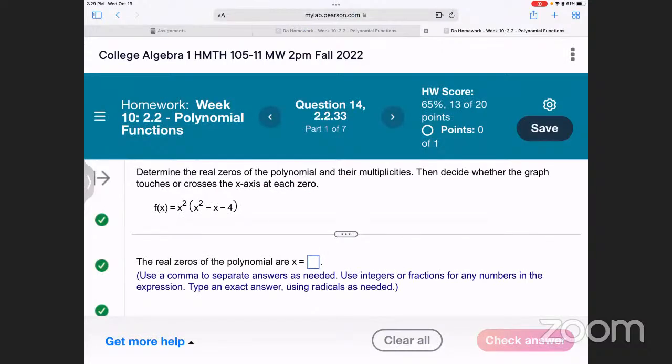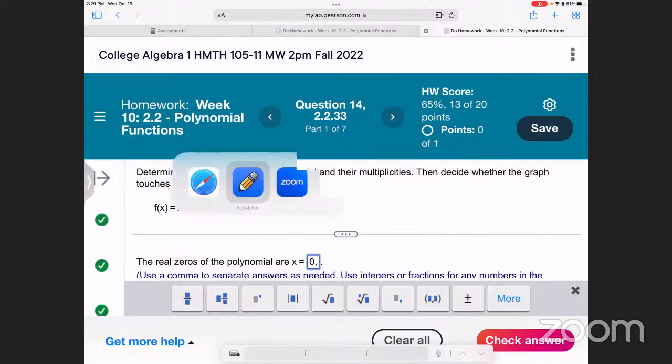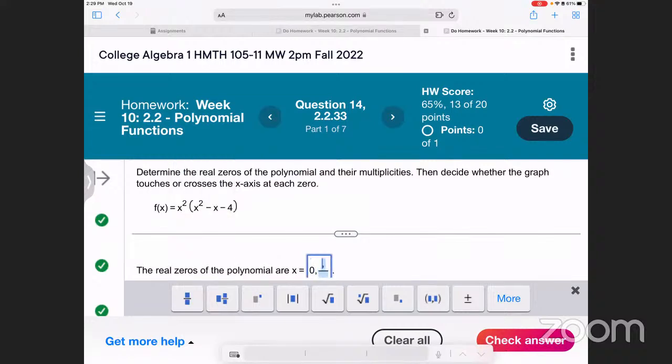So we have 2 things that multiply to give us 0. By the zero factor property, we set each thing to 0 and solve. So x squared equals 0 is just going to give us 0. And from the other one, we got 1 plus or minus the square root of 17 over 2.